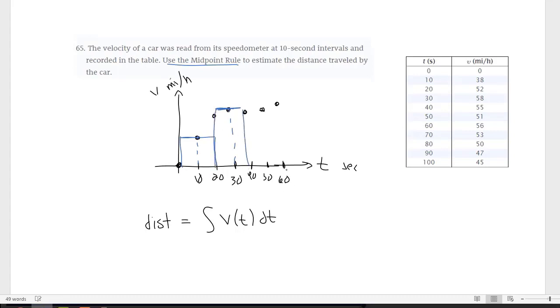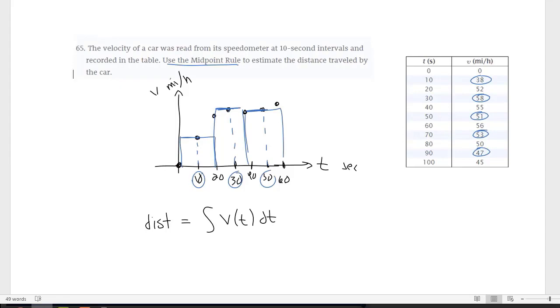And from 40 to 60, 50 would be the midpoint of my next rectangle, and so on. So the height of every rectangle is at the midpoint: at 10, at 30, at 50, at 70, at 90.